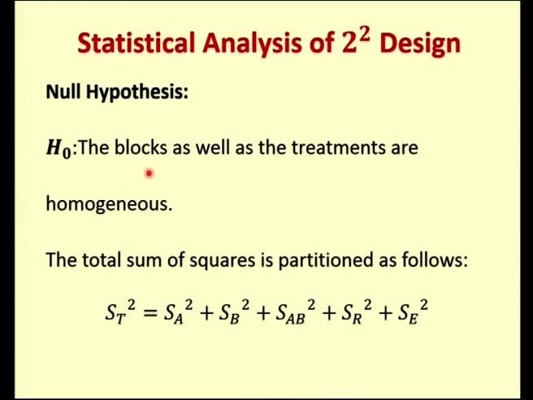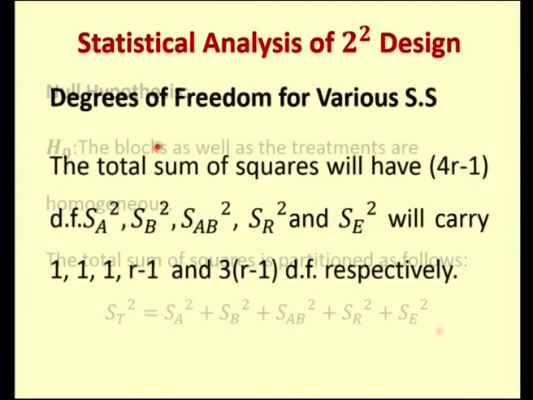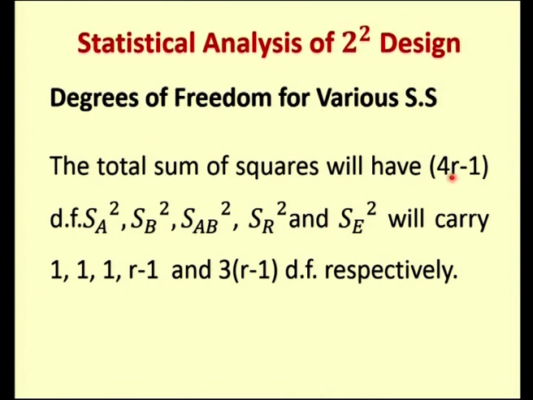To carry out the statistical analysis, we have the null hypothesis that the blocks as well as the treatments are homogeneous. As usual, the total sum of squares is partitioned into the sum of squares due to factor A, factor B and interaction effect, and replicates, plus the error sum of squares. The total sum of squares will have 4r minus 1 degrees of freedom, and the sum of squares due to factors A, B and AB will each have 1 degree of freedom.